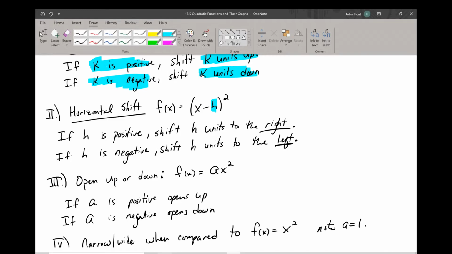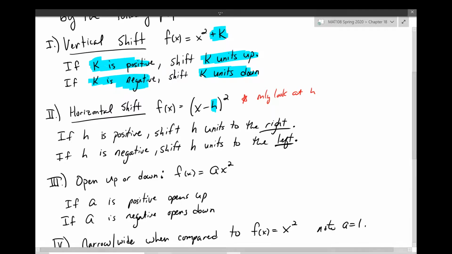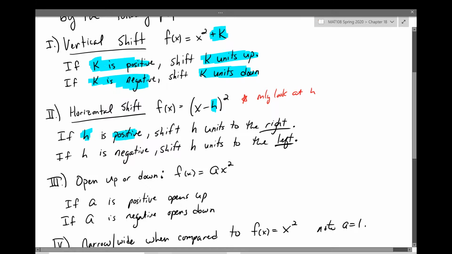I'll write it down in red, okay? Only look at h, okay? Now, if h is positive, then you're going to move h units to the right, okay? And if h is negative, you move it to the left.